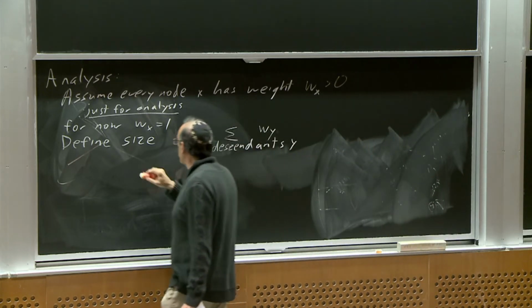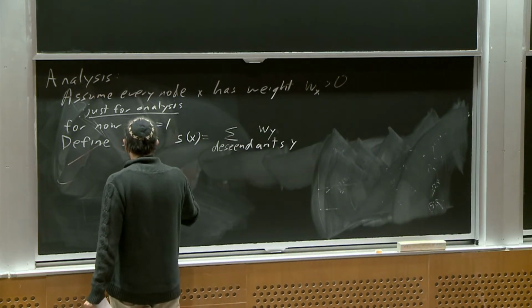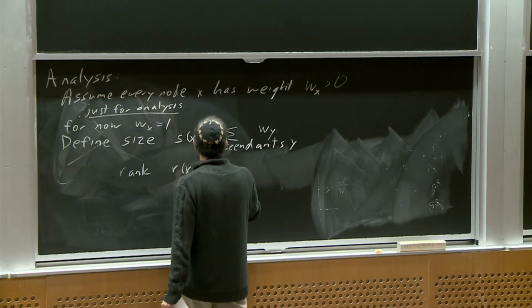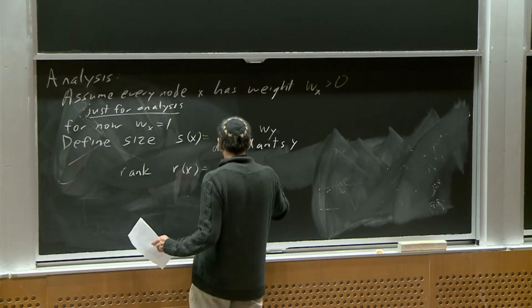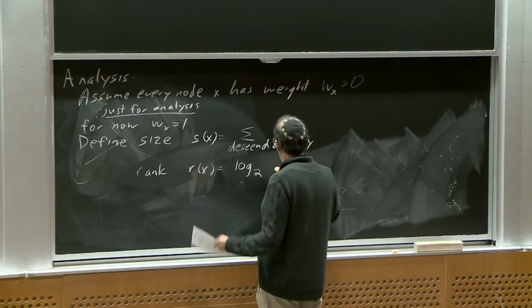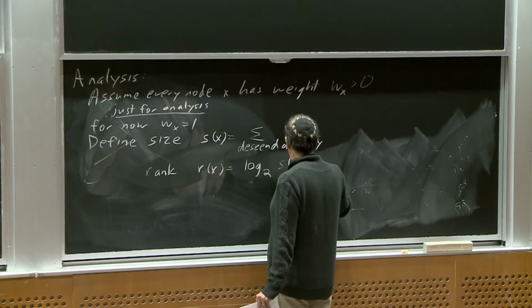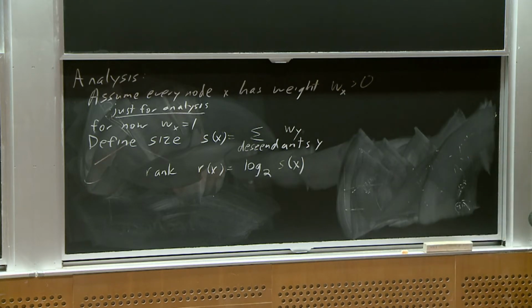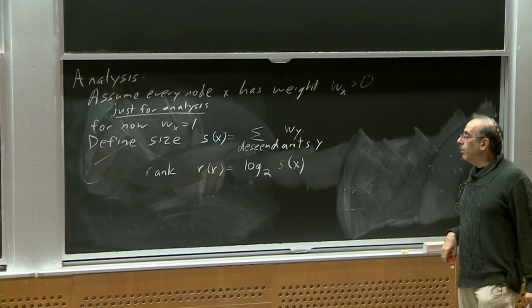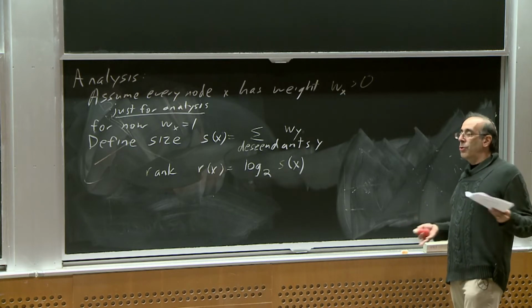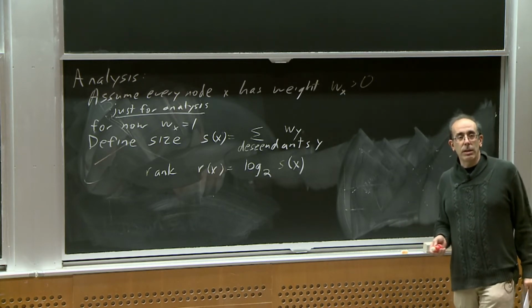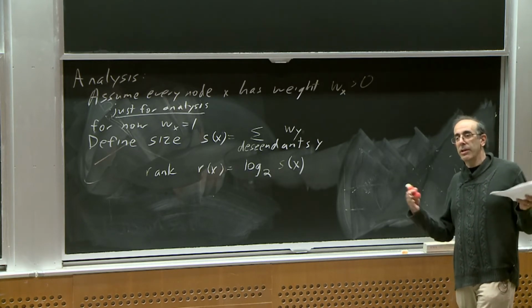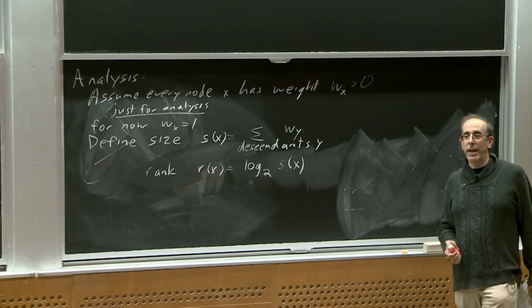Very natural. Now we define the rank, R of x, to be equal to the log base 2 of S of x, and that base 2 actually matters for the analysis. Okay? And so what intuitively might the rank correspond to? What would the log of the size of the subtree reflect?